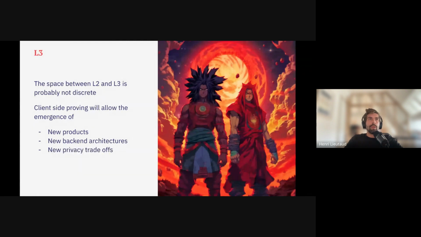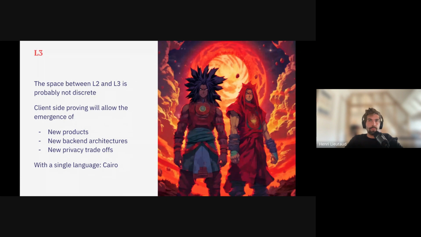So the space between L2 and L3 is not discrete. I'll expand a little bit on that. What you're doing with an L3 is essentially running a chain and proving that you run that chain correctly. But maybe running a chain is not what you need for an application. The simplest example I have of this is StarkX, which some of you may have heard of.